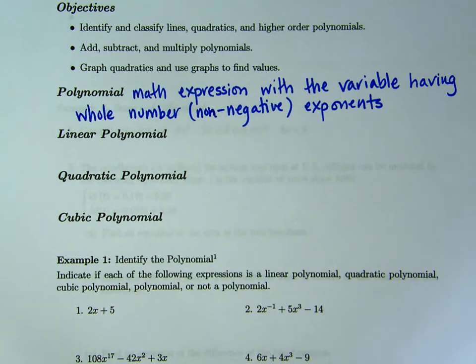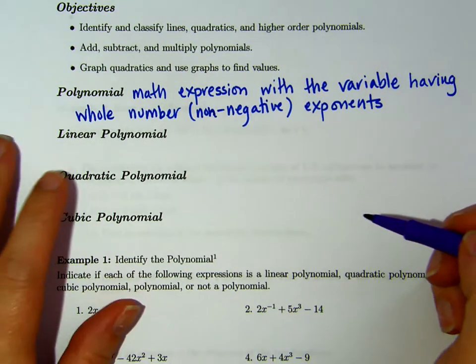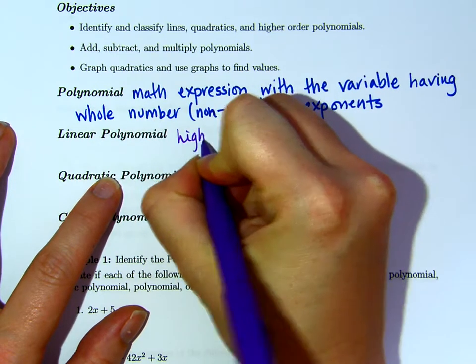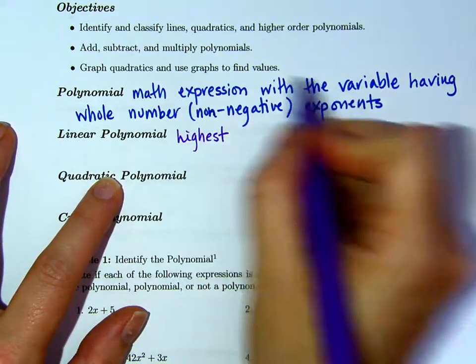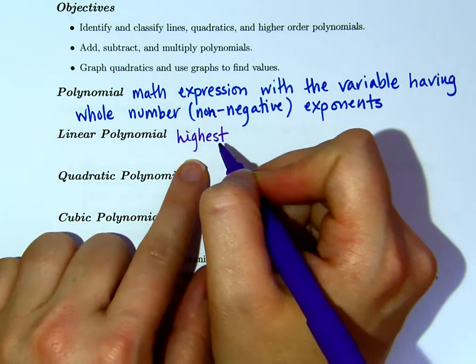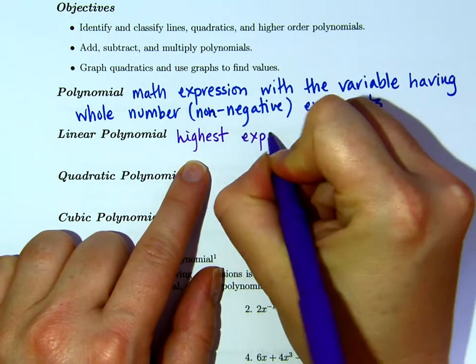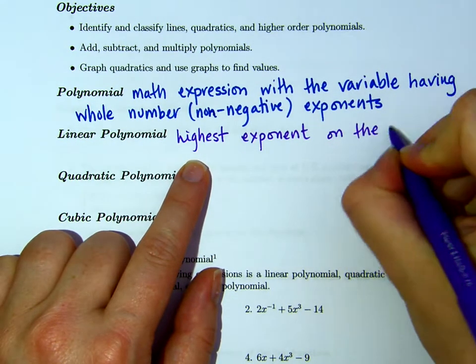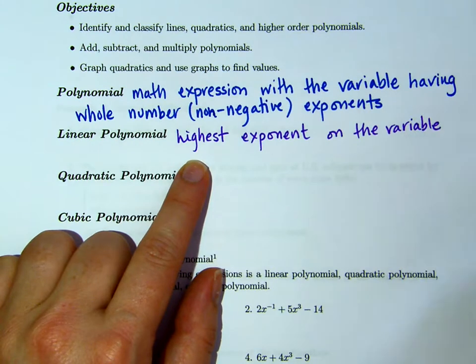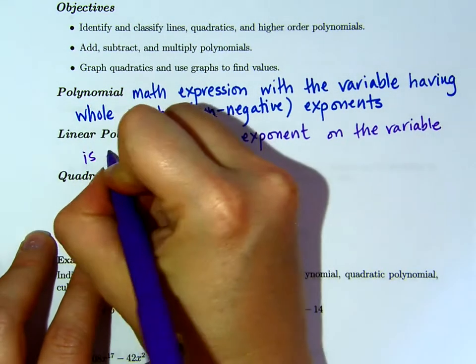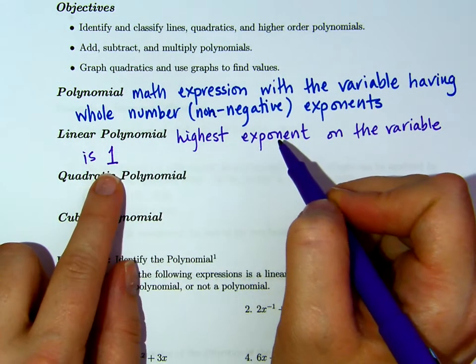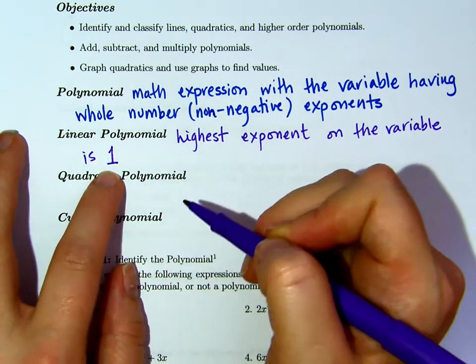Okay, and then a linear polynomial is one where the highest exponent on the variable is 1. So it's still a polynomial, so it satisfies this, but in addition to that, the highest exponent on the variable is 1. Now it still is non-negative, so that means the exponents are 0 and 1 on the variable.